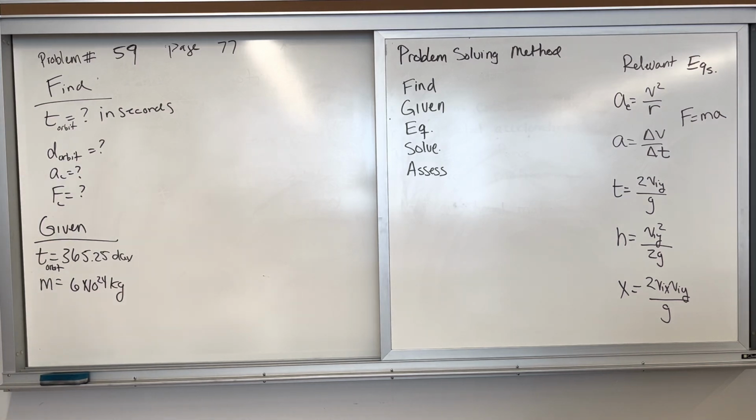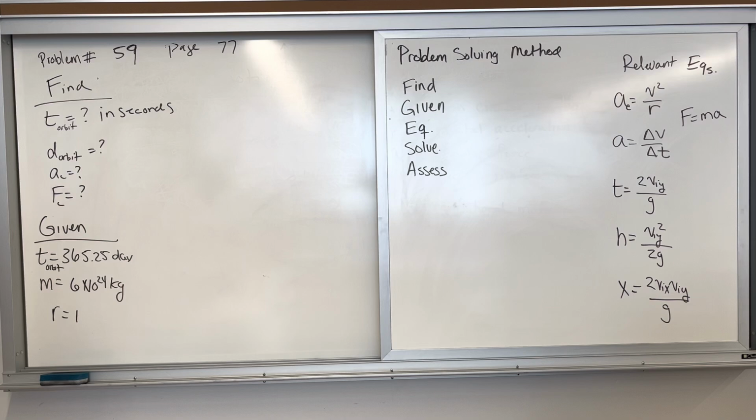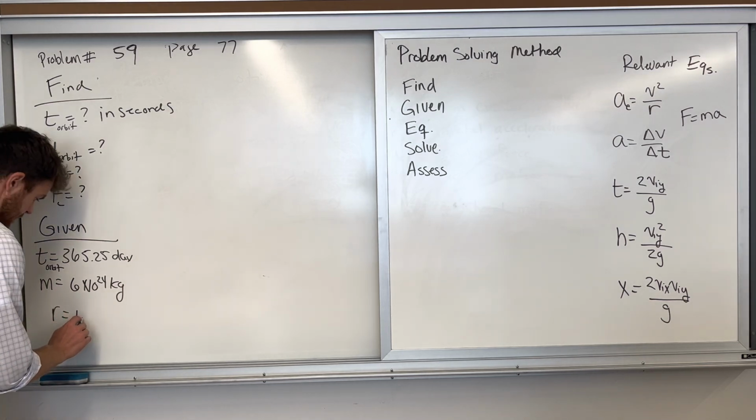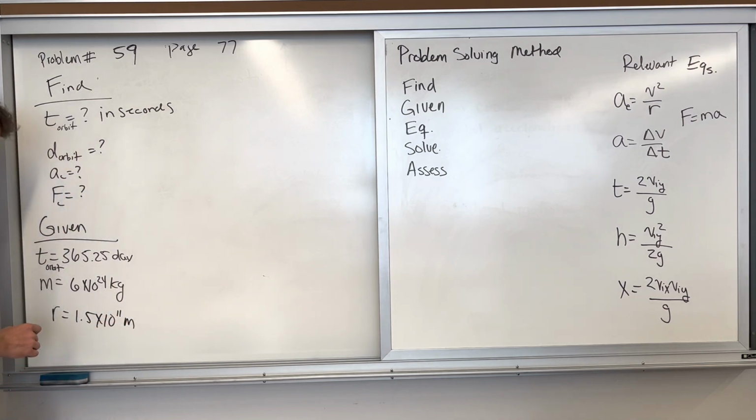And the average radius is 1.5 times 10 to the 11th meters. That's the orbital radius.